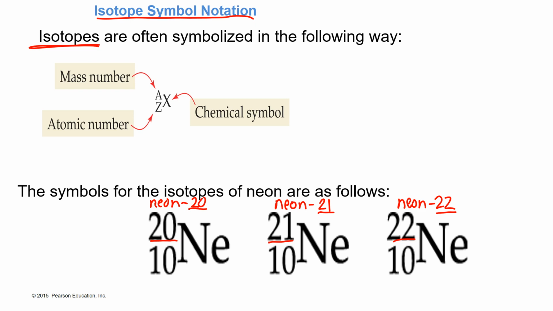So it's not 21, it's closer to 20. So I'd say this one probably has the highest percentage of abundance, because if I had a higher percentage abundance of another one, it would be a higher mass number on there, because that's an average of all of them.